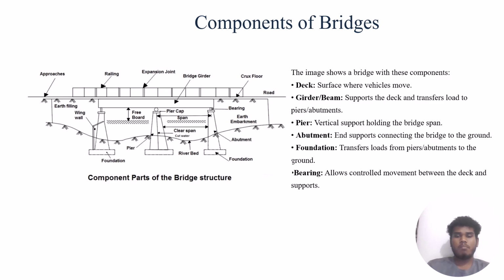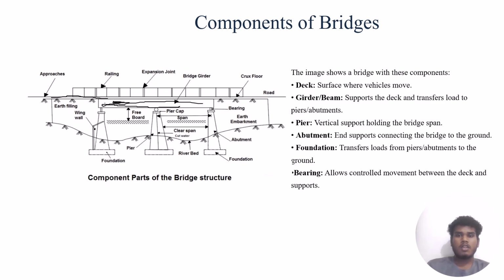Girder means the beam which supports the deck and transfers load to the piers and abutments. So this is the girder of our bridge, which supports the deck. The deck is supported on the girder, which transfers the load to the piers.